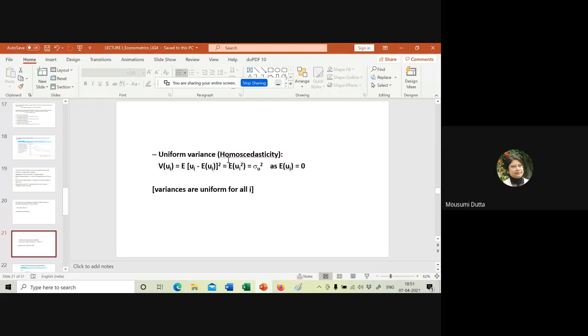Okay. The second assumption is the uniform variance assumption. Actually, we got this term when we discussed our inference. In a typical context of hypothesis testing, we got this assumption, homogeneous variance assumption. Homogeneous variance is called homoscedasticity, and heterogeneous variance is called heteroscedasticity. This term we got earlier in our earlier semester.